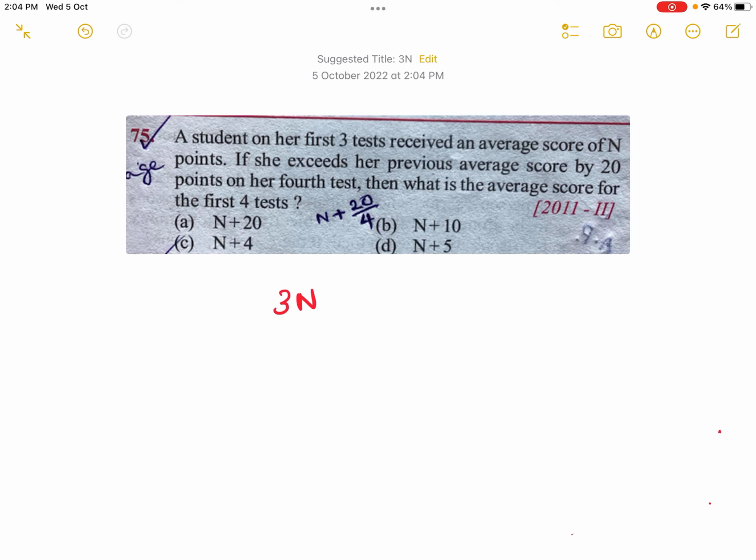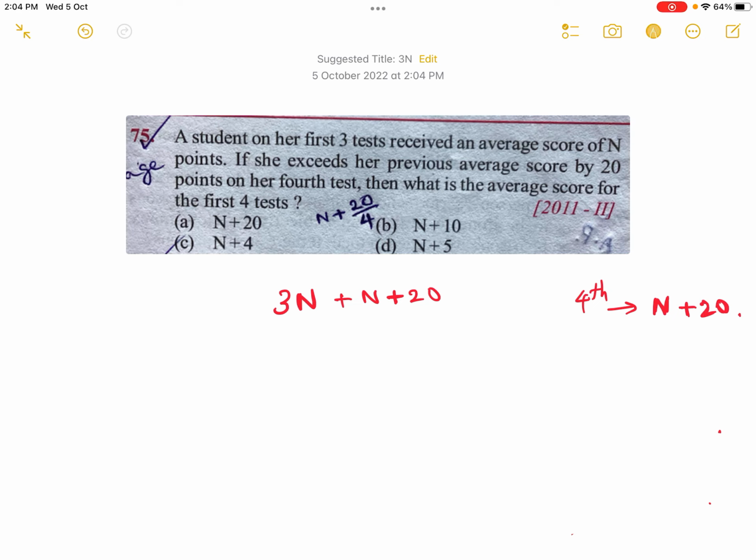If she exceeds her previous average score by 20 points on her 4th test, the 4th score is n plus 20.